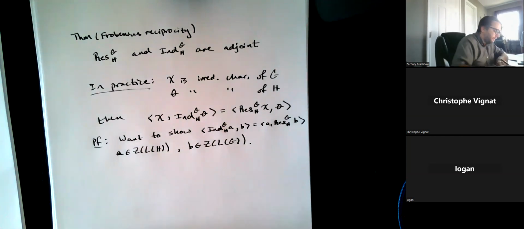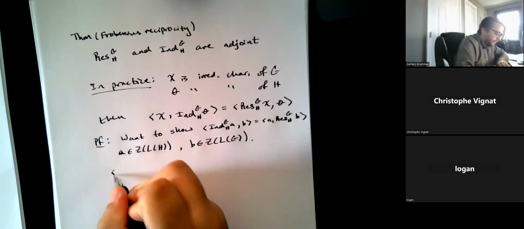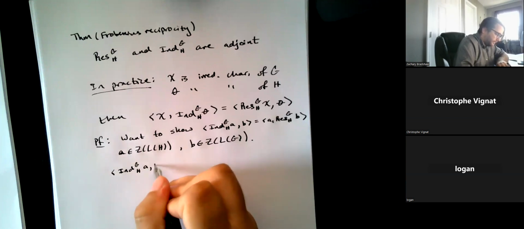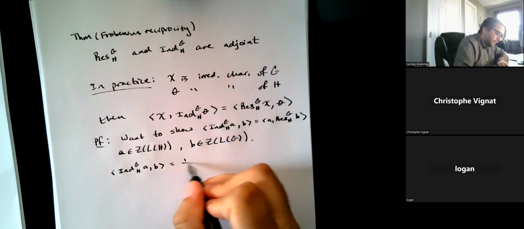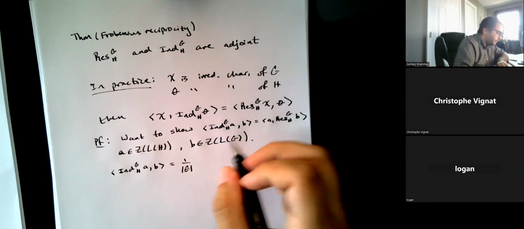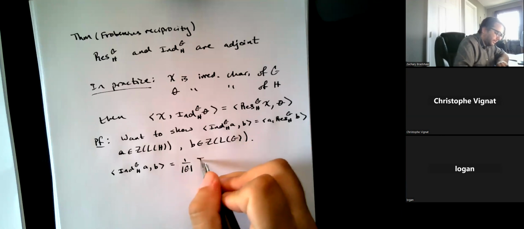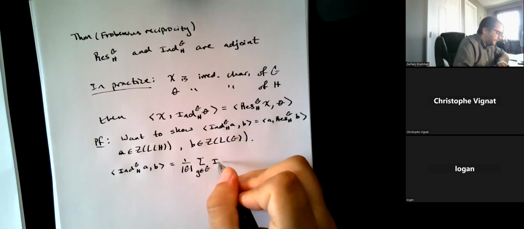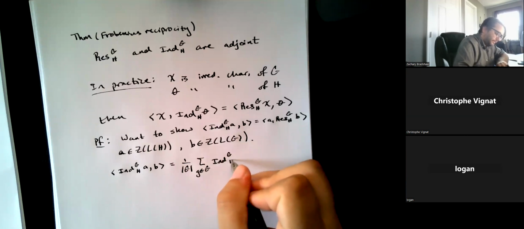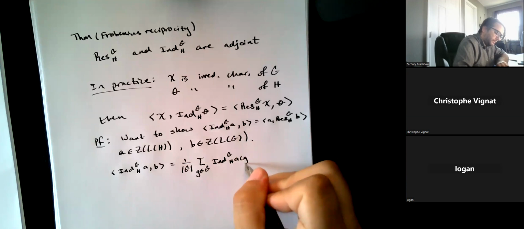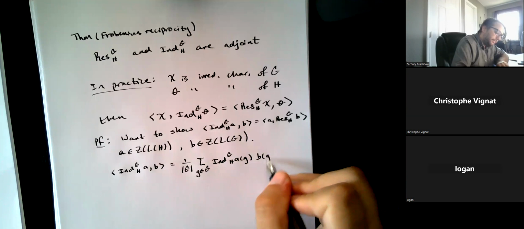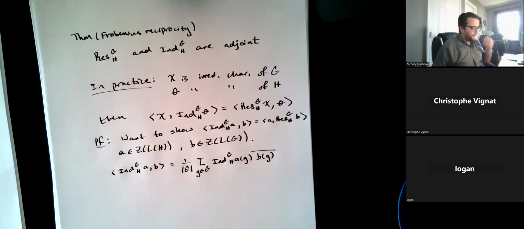Okay, so how do we show this? Well, start from some definitions. So this is 1 over the order of G of the summation over g in G of the induced map applied to A, applied to g, B applied to g, complex conjugate. So this is my definition of the inner product.